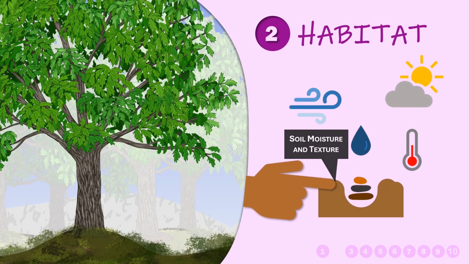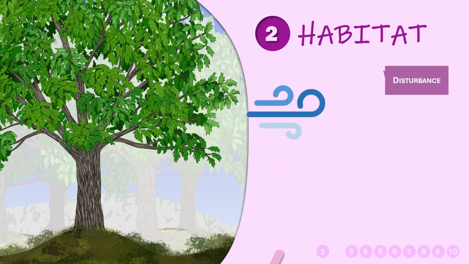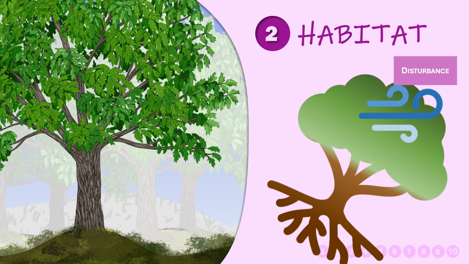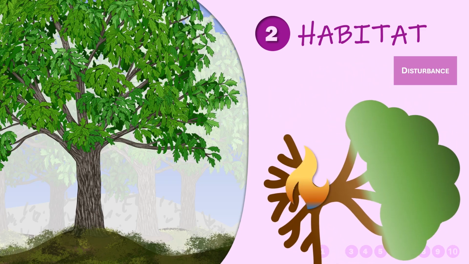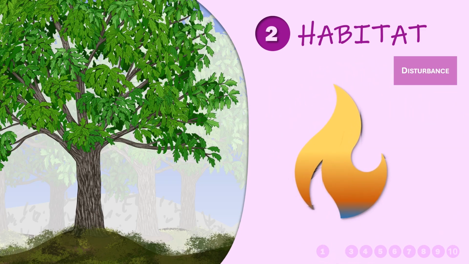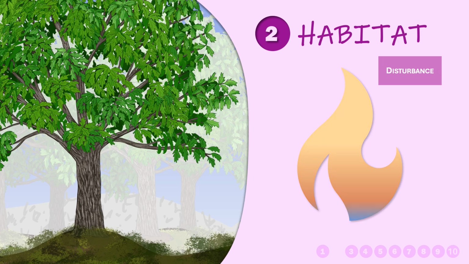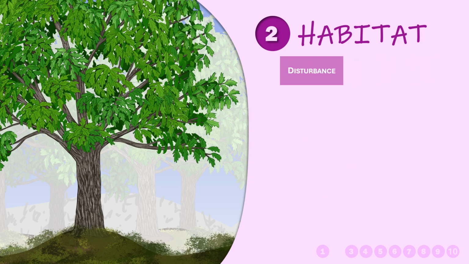Keep in mind, natural habitats are always changing, from events like a single tree falling in the woods to a multi-acre wildfire. Disturbance is natural and can be slow and subtle or big and sudden.